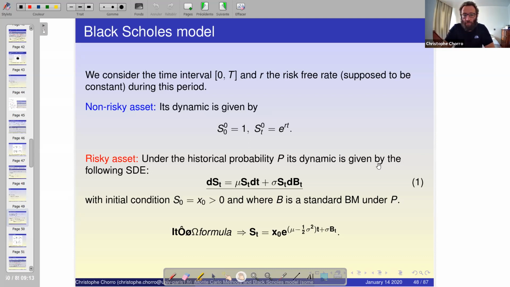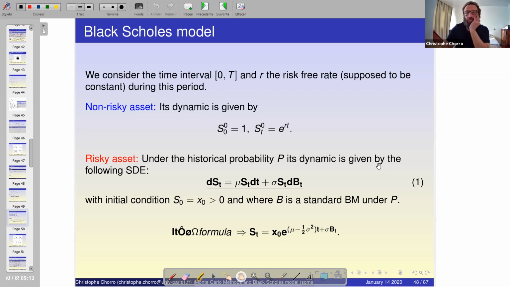I consider a time interval [0, T], where T will be the maturity of all the financial products we are going to consider, and typically it will be European contingent claims in this course. So not necessarily call options, but European contingent claims, the ones that are characterized by their payoff, that is an F_T measurable random variable.